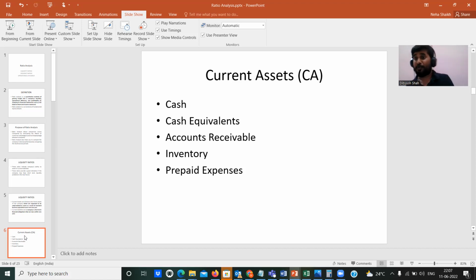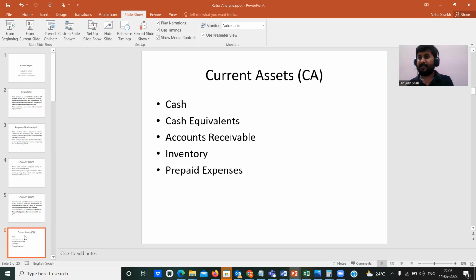Remember the criteria, original maturity of 90 days or less, highly liquid investments. Highly liquid means they can easily be sold in the markets, share markets or bond markets, and have original maturity of 90 days or less from the date of purchase.